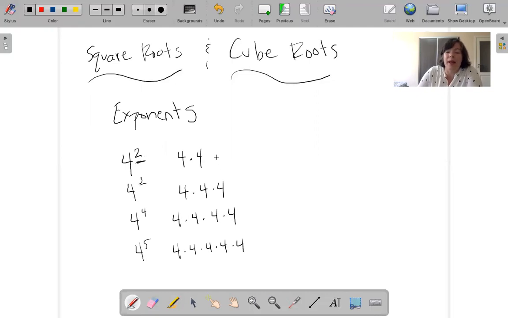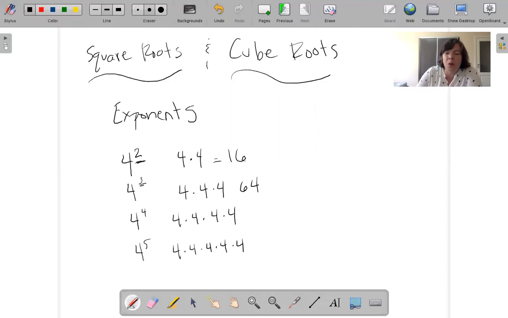So 4 squared is 16. 4 cubed is 64. And then we'd have to do the math for the next one, because I can't do 64 times 4 in my head, or I should be able to. Anyway, I'm just not going to spend that time.